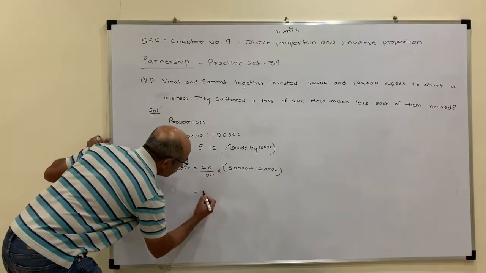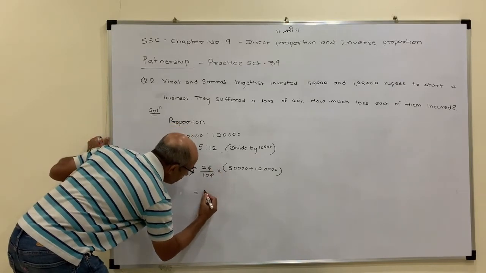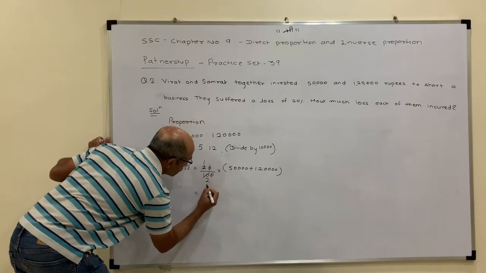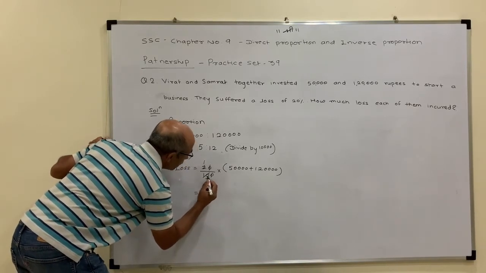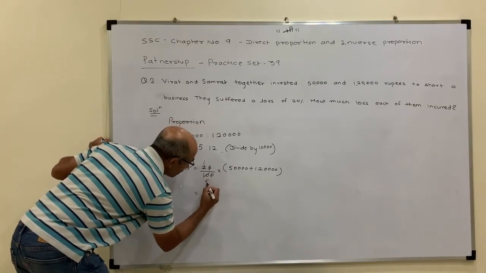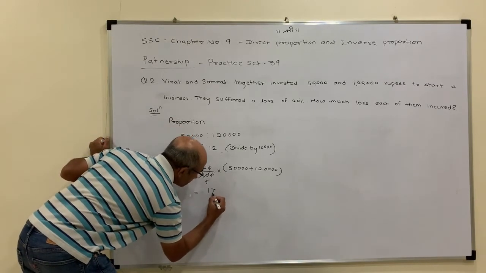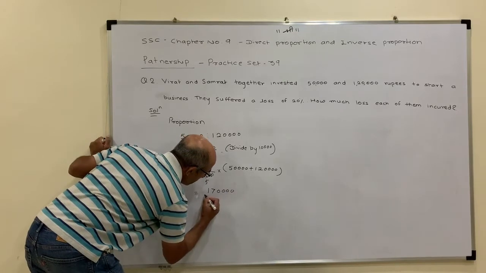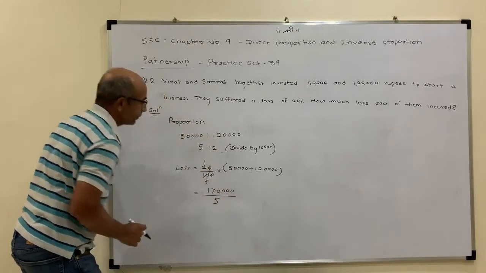So the total, so here I remove the zeros. 5 1s are 5, 5 2s are 10, 2 5s are 10, sorry. So 1,70,000 is the total capital, divided by this 5.